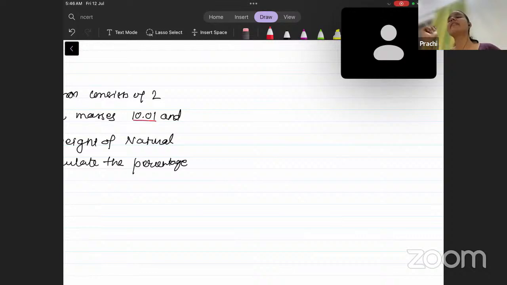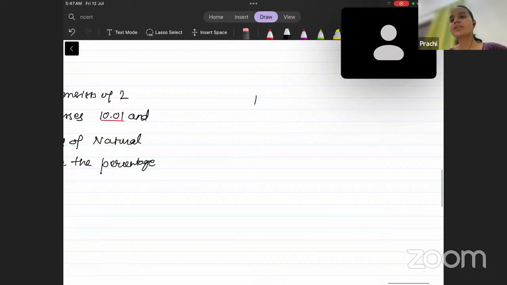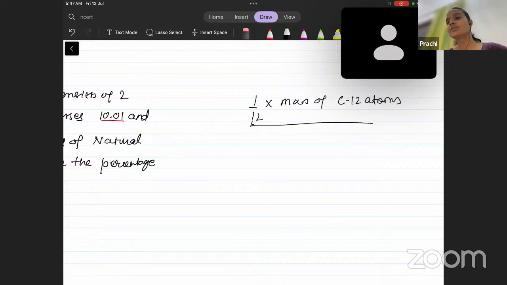So whatever masses we see on the periodic table, those are the relative atomic mass, and this we have learned in mole concept also, that all the masses are taken with respect to 1 by 12 of the mass of a carbon-12 atom, which we then wrote as AMU.